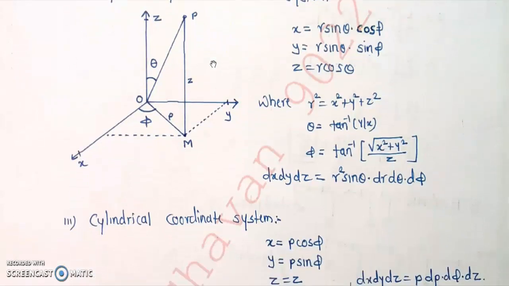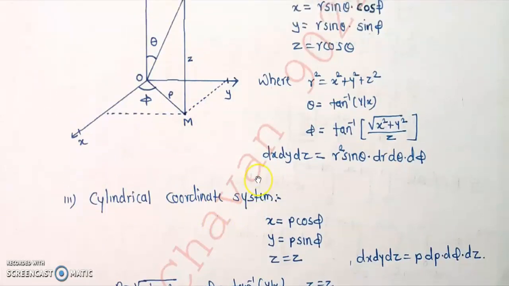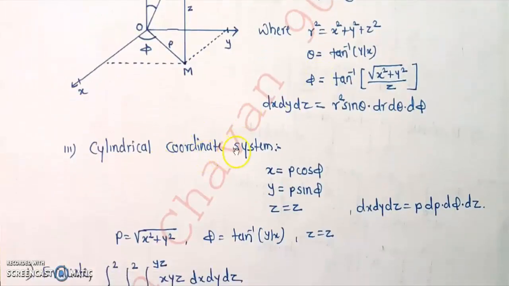One more coordinate system is the cylindrical coordinate system. It is generally used for cylinder, cone and paraboloid, whereas the spherical polar coordinate system is used for sphere. The cylindrical coordinate system is related to the circle, so its substitution is like polar form: x equal to p cos phi, y equal to p sin phi and z is z.